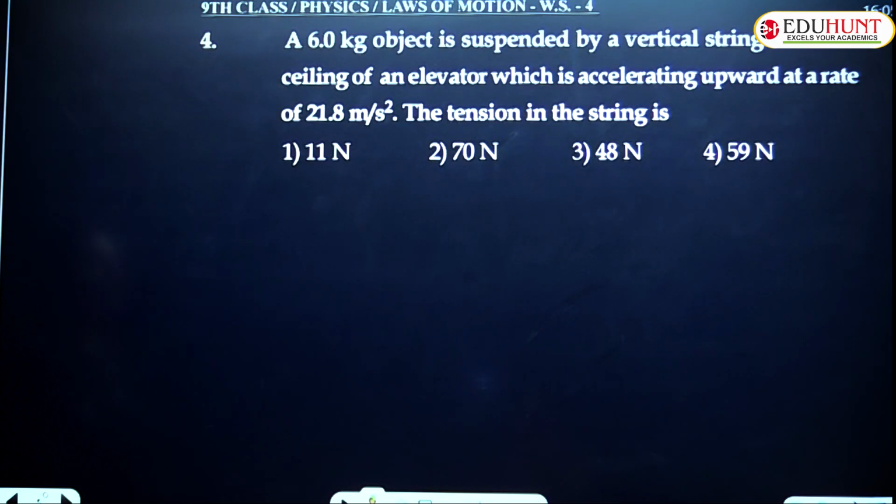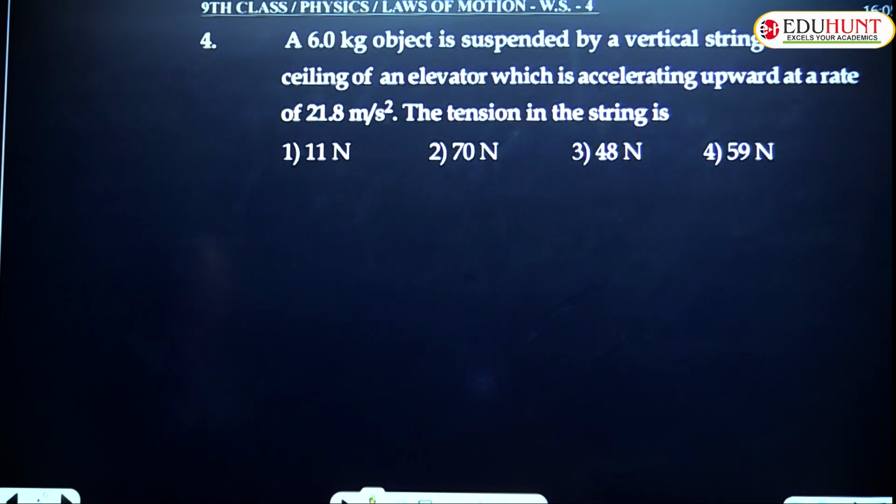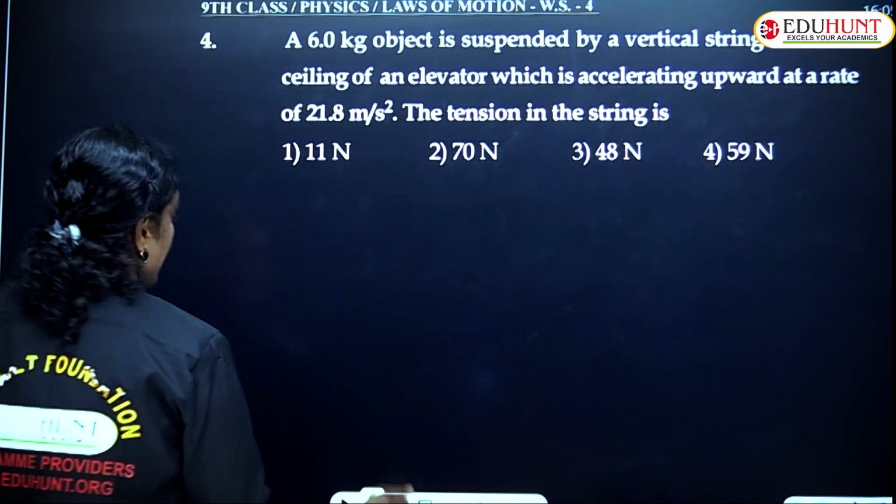Now, the fourth question. A 6 kg object is suspended by a vertical string from the ceiling of an elevator. Let us picturize this, children.